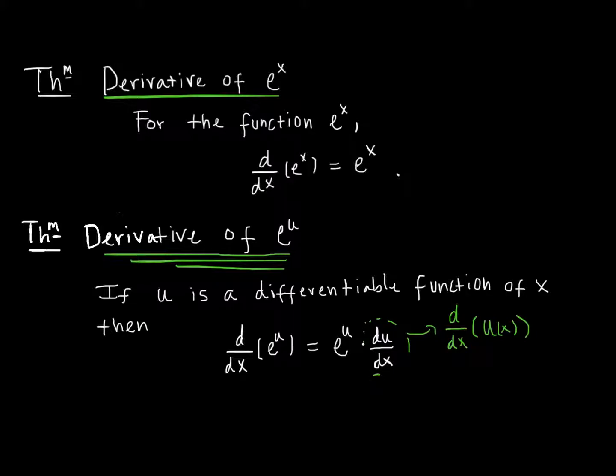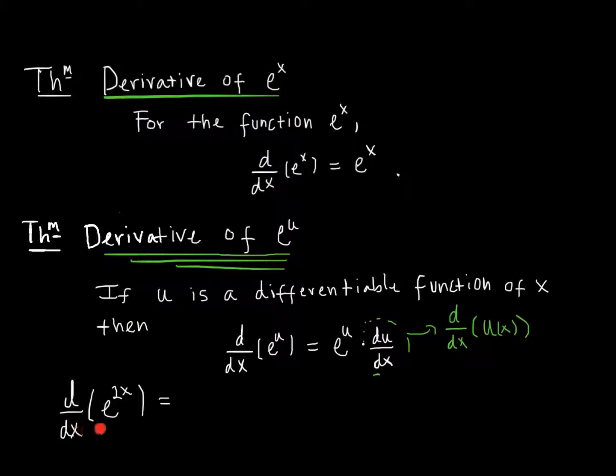Okay, so let's take a look at a quick example here. If I want to take the derivative with respect to x of e to the 2x, what I want to do first is take a look at my situation here. I have e raised to some power, which itself is a function of x, right? This is some function, 2 times x. And so I can actually take the derivative of this on its own with respect to x.